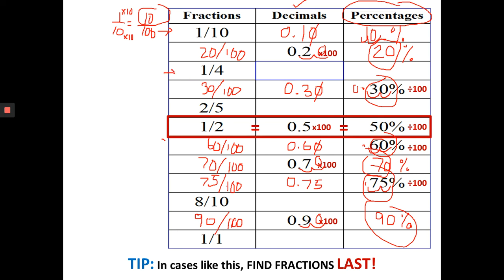Now let's proceed with this 1/4. Okay, for 1/4, we have to multiply the denominator by what to get 100? Multiply this by 25. So 4 times 25 is 100. So we also multiply the numerator by 25. So 1 times 25 is 25. That's what the percentage is, 25%.